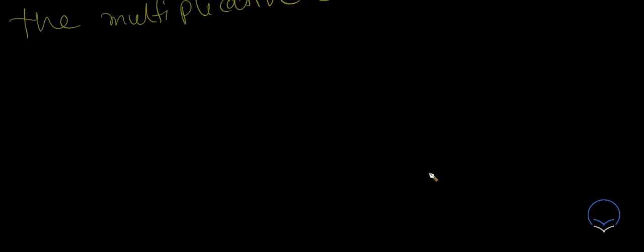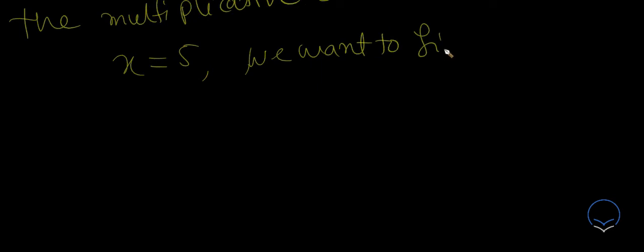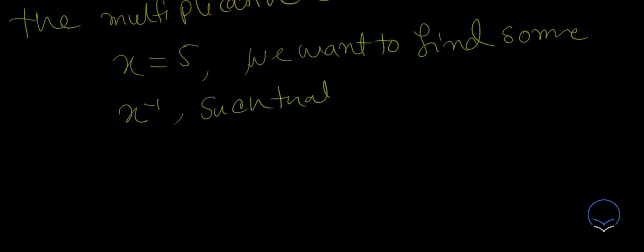The reason being, we are taking x equals 5, and we want to find some x inverse such that x inverse times x is the identity, that is 1.